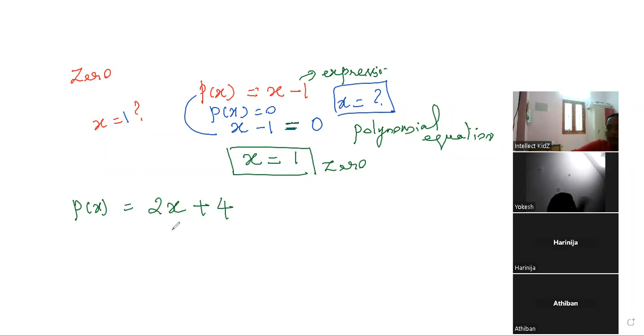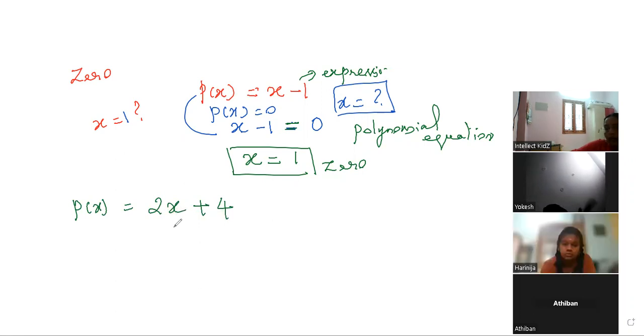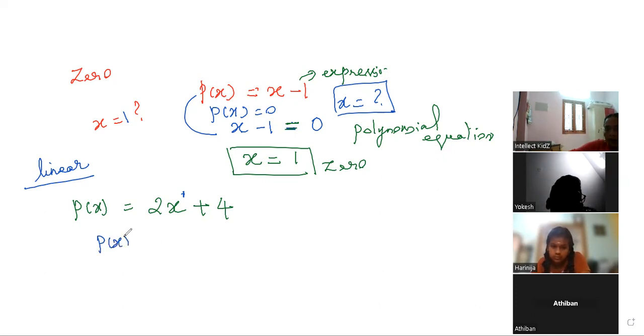If I put 2 into 2x plus 4, 4 plus 4 it will become 8, not 0. -2 miss, yeah, minus 2. ஓகே சோ இதோட zero ஃபைண்ட் அவுட் பண்ணுங்க. இப்போ நான் டிஸ்கஸ் பண்றது எல்லாமே லீனியர் பாலினாமியல். ஓகே, டிகிரி வந்து 1 இருக்கு. ஓகேவா? சோ 2x plus 4 அப்படின்னு இருக்குன்னா, உங்களால டைரக்டா கெஸ் பண்ண முடியலன்னா என்ன சொல்லிருக்கேன், equate this polynomial to 0 and find the value of x, that is the zero of that polynomial.